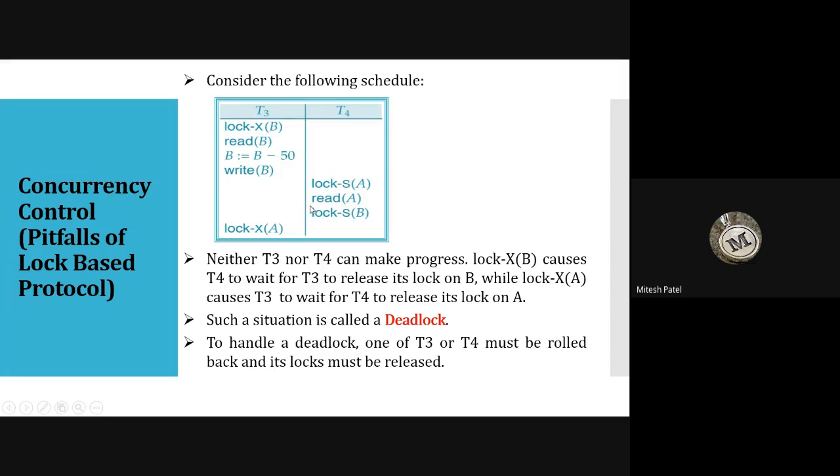T4 को नहीं मिल रहा है लेकिन अदर ट्रांजेक्शन आए, शेयर्ड लॉक की रिक्वेस्ट कर रहे हैं और उसको शेयर्ड लॉक मिल गया और T4 को फिर से वेट करना पड़ेगा.